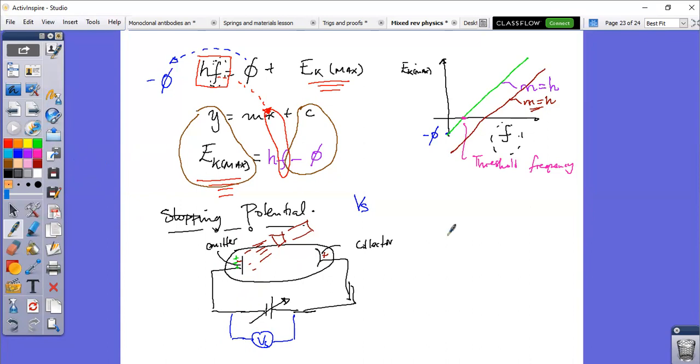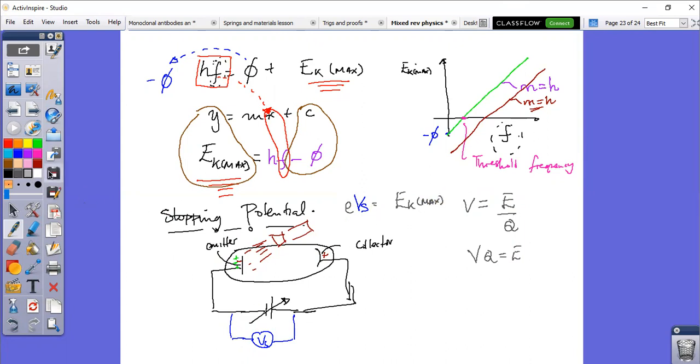I use the formula V, or potential difference, is equal to energy transferred divided by charge, Q. So to work out the energy that the electrons would have, which is just preventing them from reaching the other end, if I multiply this V by Q, I get E. So if I multiply, well, the charge of an electron would be e. e times Vs would give me what we would now call the maximum kinetic energy of the surface electrons.